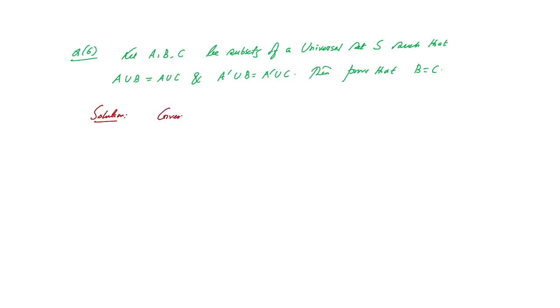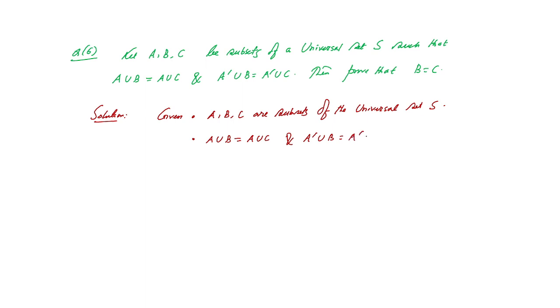So here it is given that A, B, C are subsets of the universal set capital S. And the conditions are A union B equals A union C and A complement union B equals A complement union C. What we have to prove is B equals C.